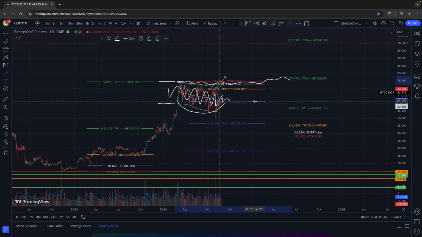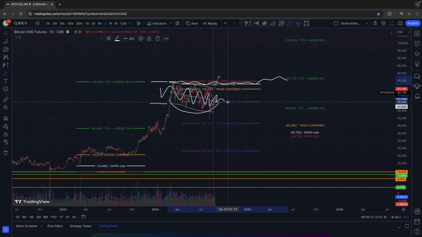If 61 or 60K is the low and our target is 76 and beyond, you just take that into consideration, because a lot of people are looking for lower, like 55, 56K. I don't know if we're going to get it. There's no guarantee that those levels are coming. The possibility is there, but there's no guarantee. So that's something you have to be aware of. It could happen, but it doesn't have to. So just keep that in mind moving forward, basically.